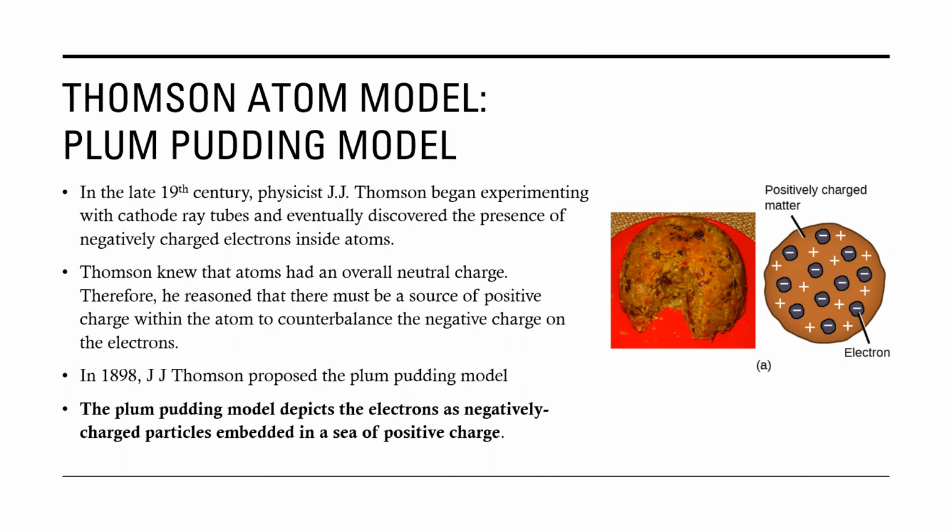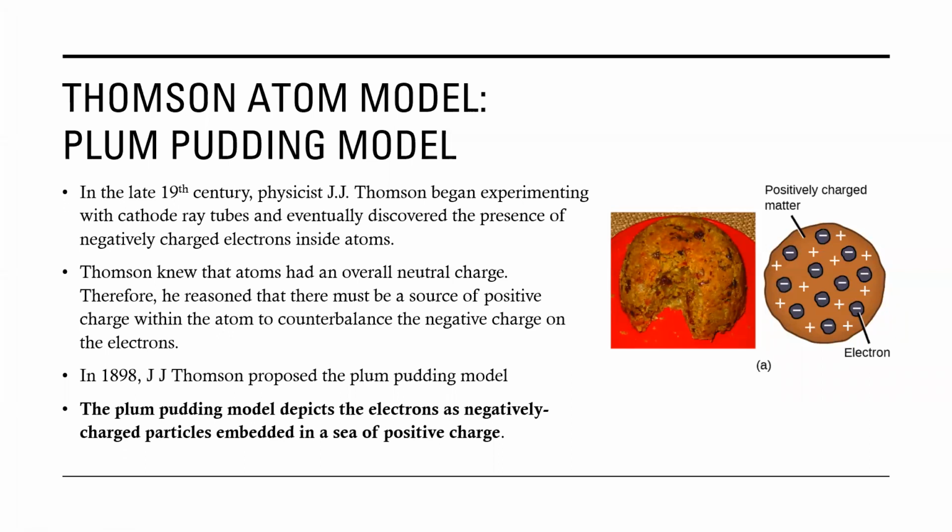So in the late 19th century, physicist J Thomson began experimenting with cathode ray tubes and eventually discovered the presence of negatively charged particles called electrons inside atoms. So it was J Thomson who first discovered electrons.